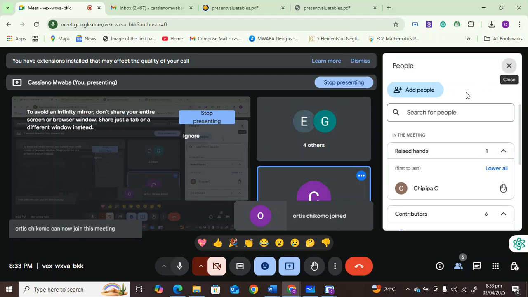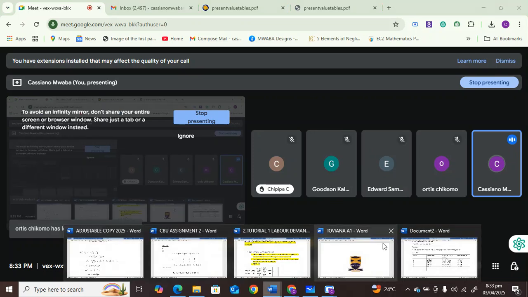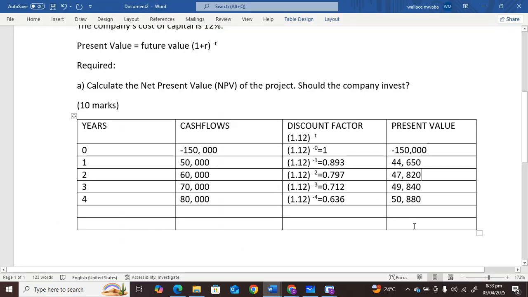Then at least use one device so that we don't get feedback. Yes, Madam Chipi or Mr. Chipipa, your hand is still raised. Do you have a question? Okay.